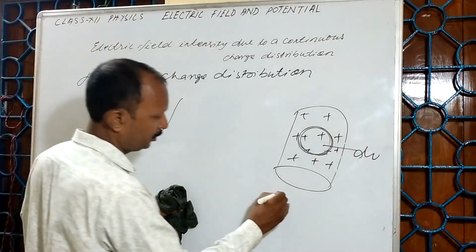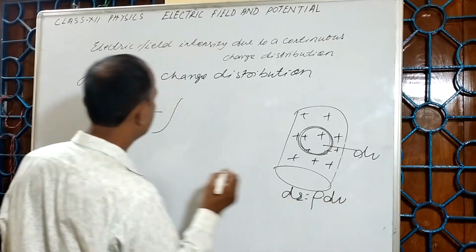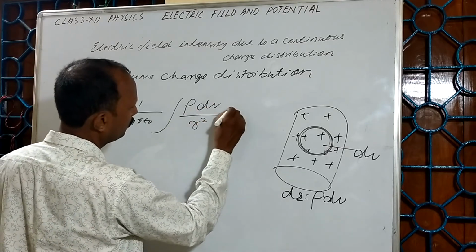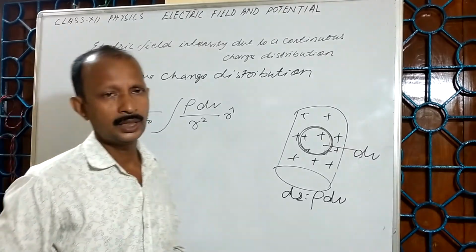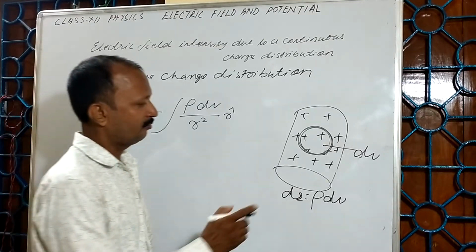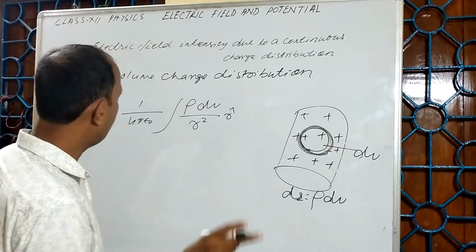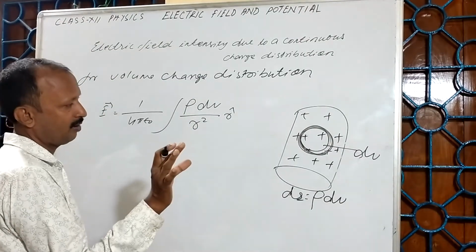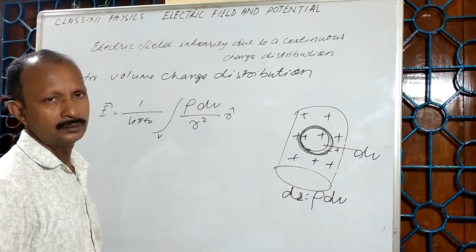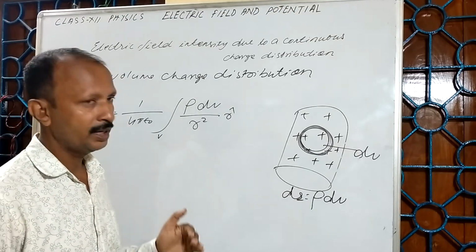In place of dq, I am going to use rho into dV. So it is the integral of rho dV upon r square. This is for volume charge distribution. At first I considered one small element of volume dV, and thereafter by integrating I got this result. That means the charge is distributed throughout the volume.